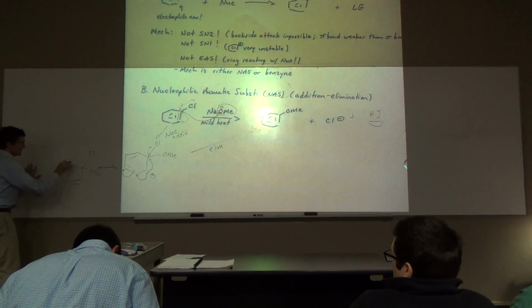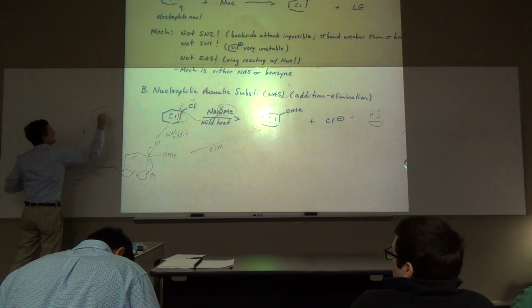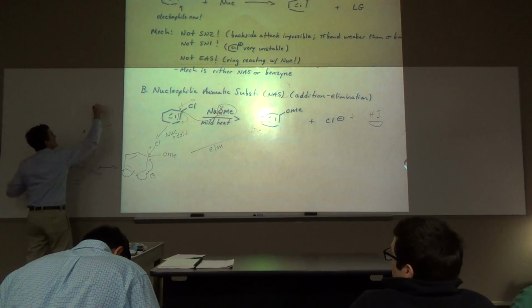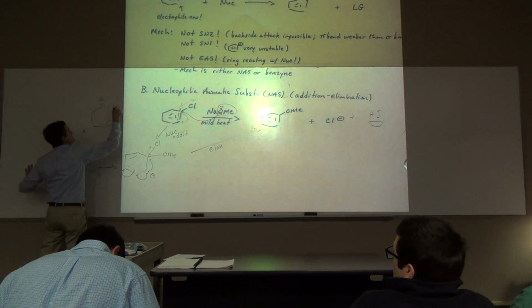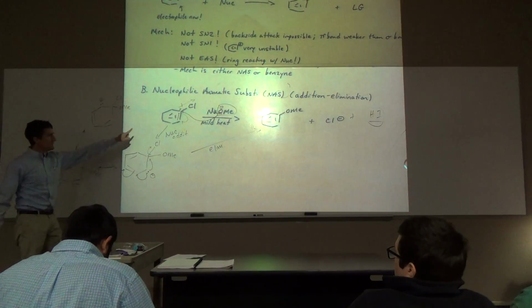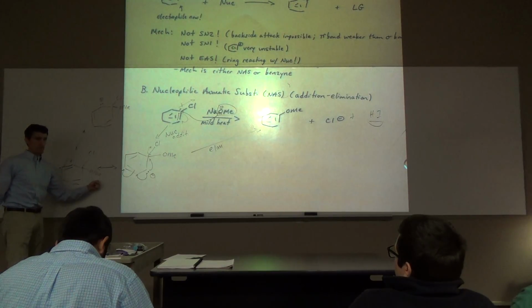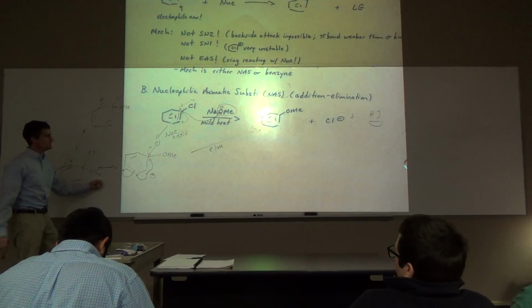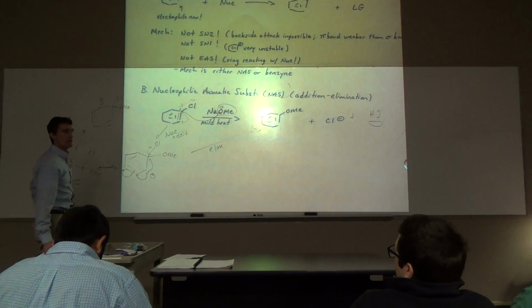Electrons in, electrons out. With the anion here, boom, boom. Nucleophilic addition to give a resonance stabilized carbanion, followed by elimination. Question? Does that mean the elimination is going to be the rate determining step?